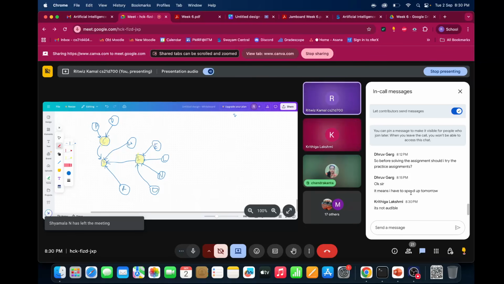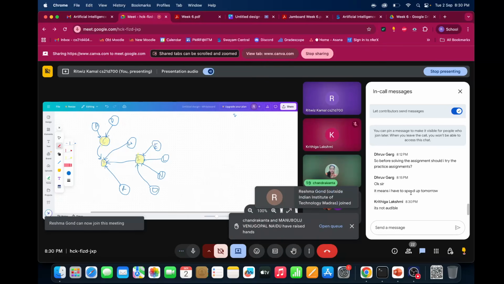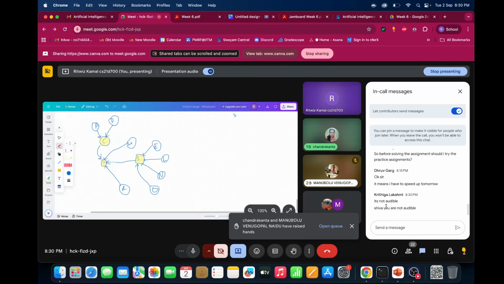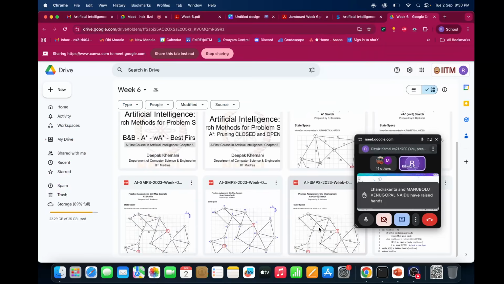Shiva, can you hear me? Okay, let me refer to the A star search tree that is given in the solution and use that as a deciding factor.